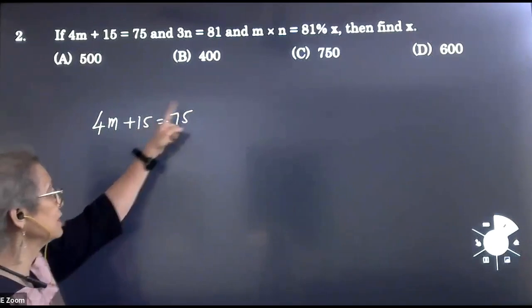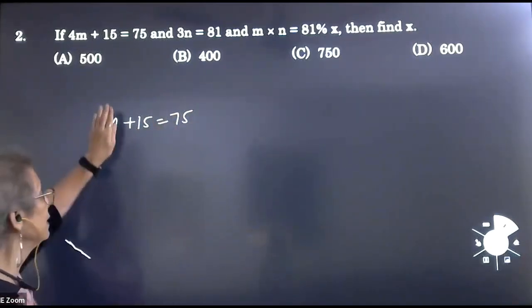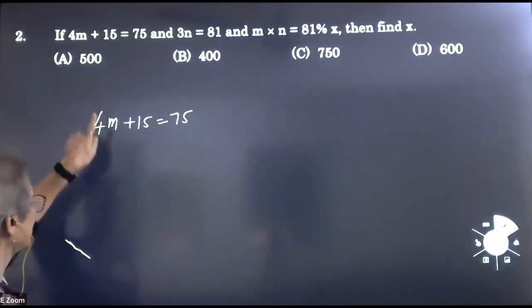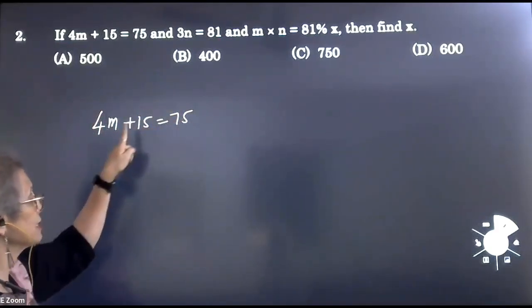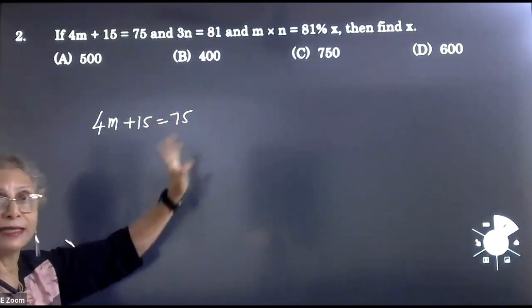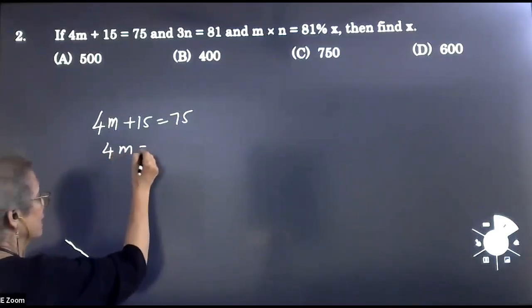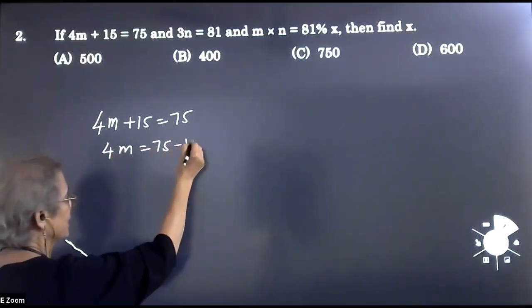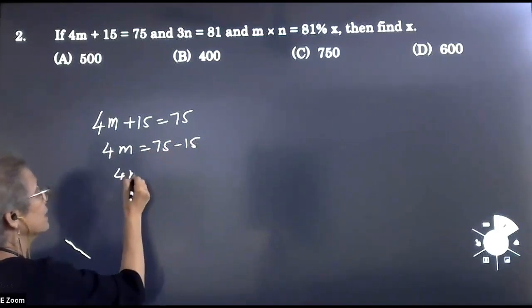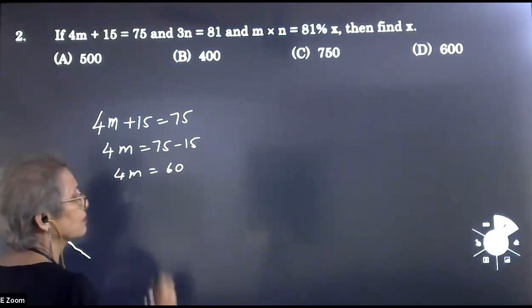Transpose method, 15 is to be taken to the other side to keep m on one side, right? So let us take 15 to the other side. Here it is added. If you take it to that side, it will be minus. So 4m equal to 75 minus 15. So 4m is equal to 60.